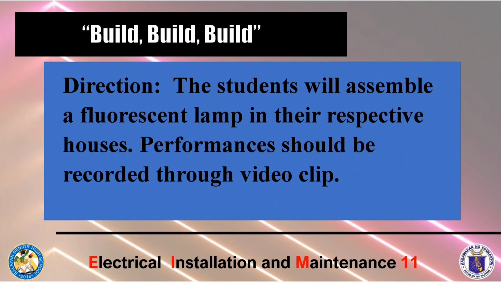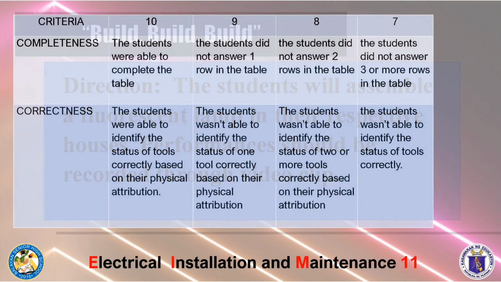And to deepen your understanding about assembling a fluorescent lamp, let's do this activity entitled Build, Build, Build. The students will assemble a fluorescent lamp in their respective houses. Performances should be recorded through a video clip, and you may send it to my Gmail account. You will be graded according to these rubrics.